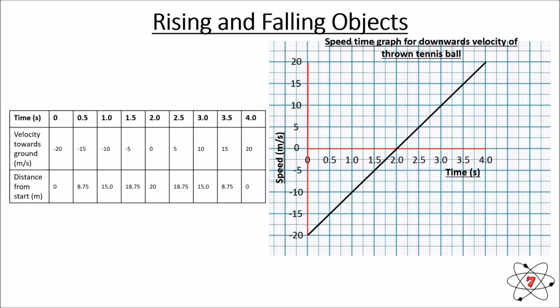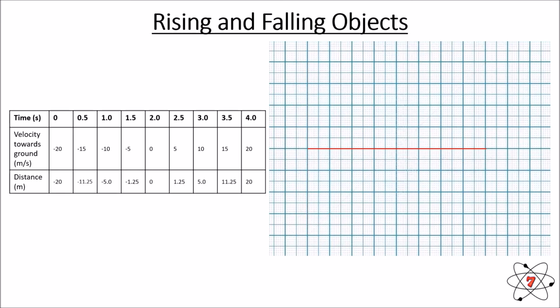So we can see here very clearly that the downwards velocity is always increasing because gravity is always pulling the object downwards. So any graph where gravity is acting on an object, the downwards velocity is always going to increase because gravity always acts in a downwards direction.